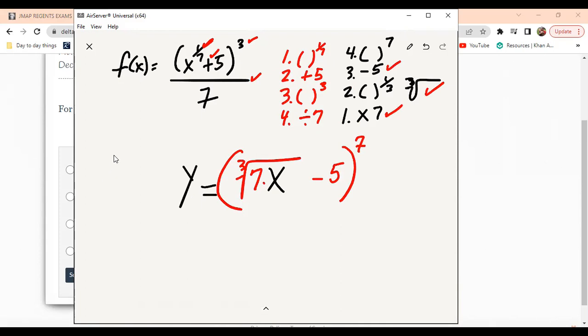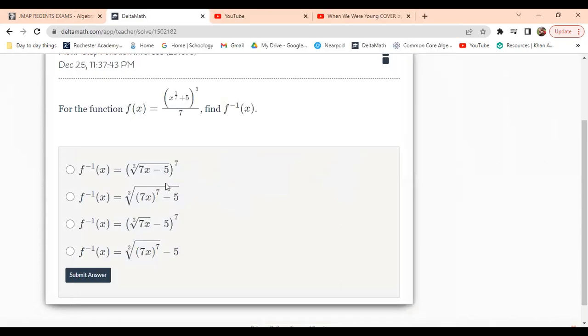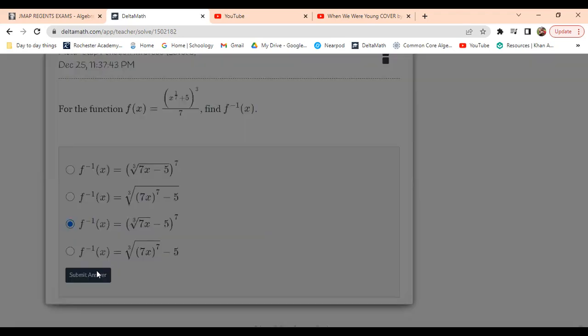So if we look at it, we should look for something that has the third root right here. It's this one. It's 7x. We take the third root of 7x, we subtract 5, and we raise all of that to the 7th power. So that would be our answer.